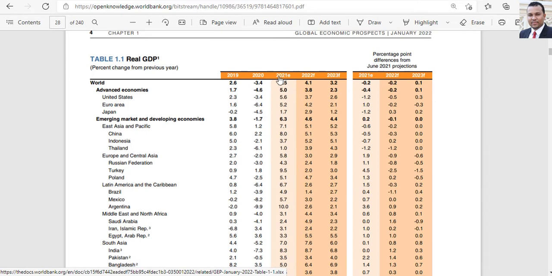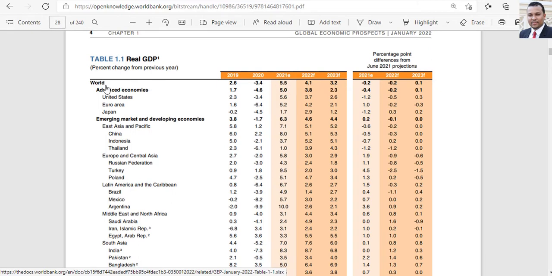Estimated for the year 2021, recovered by 5.5%. What about forecasting? Forecasting for the years 2022 and 2023, 4.1 and 3.2.